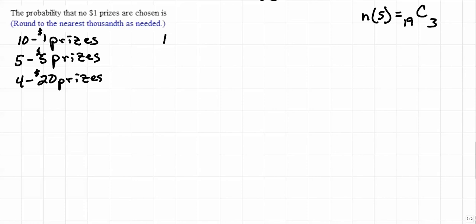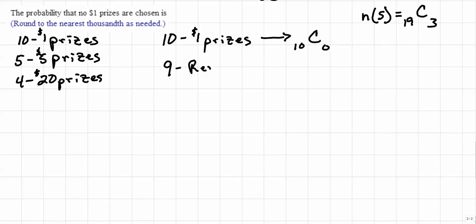So if there are 10 $1 prizes and I don't want to choose any of those, I can use 10C0, which means that there are 9 remaining prizes, and I will use 9C3.